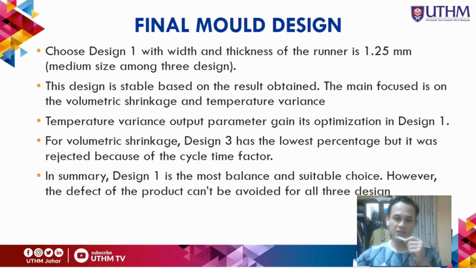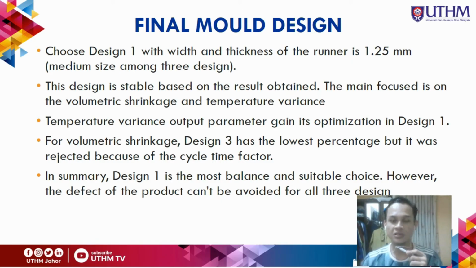Based on the discussion in the simulation result and cost calculation section, the group has decided to choose design 1, with runner width and thickness of 1.25 mm, which is the medium size among the three designs. This selection is because the design is stable based on the results obtained. The temperature variance output parameter gained optimization in design 1.